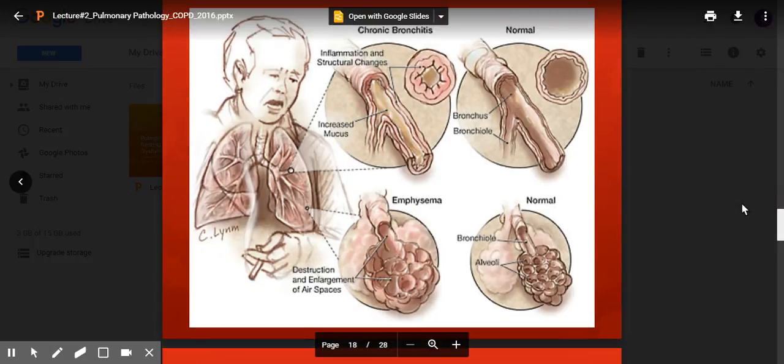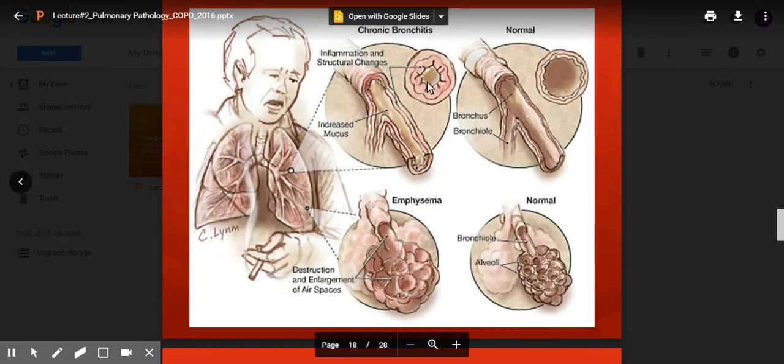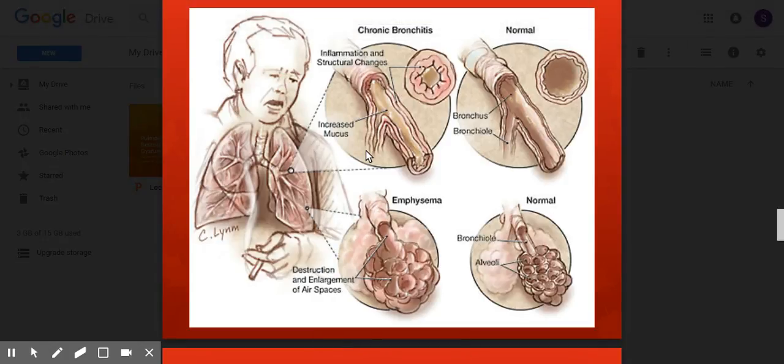Here's a pictorial representation of a COPD patient with the chronic bronchitis, infections of the airway with mucus buildup, and inflammation of the airway resulting in impeding of airflow due to decreased lumen size, and that lumen being filled with mucus from repeated infections.